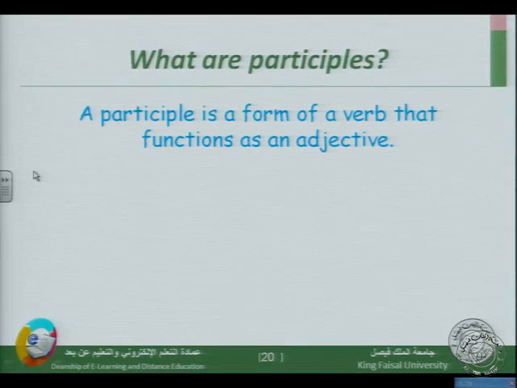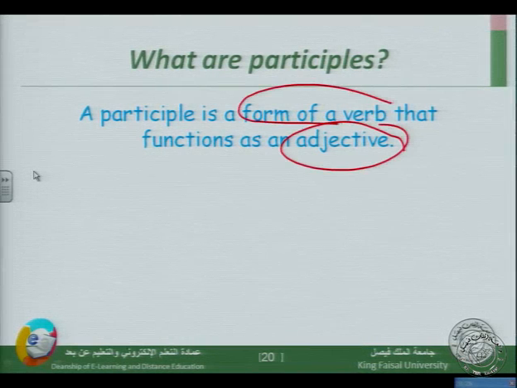Lastly and finally, what are participles? We just talked about the past participle. Do you remember that? Models plus have plus past participle. A participle is a form of a verb that functions as an adjective. It is a verb form, but its function is an adjective. Notice we have ing participles.